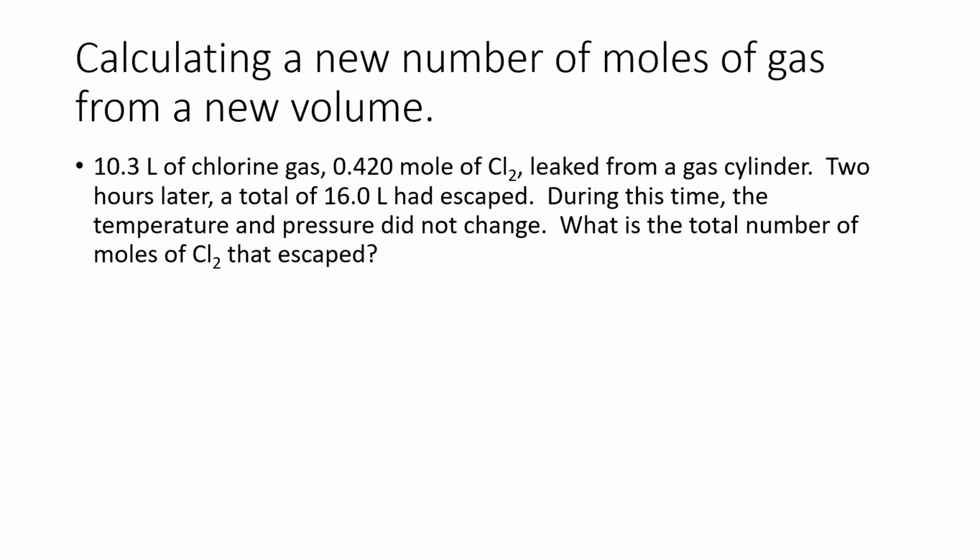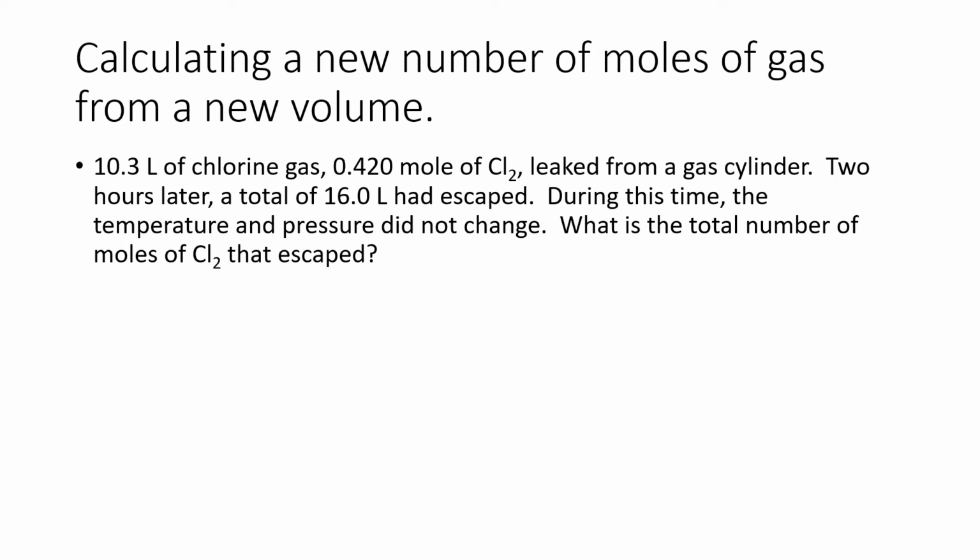Second question: 10.3 liters of chlorine gas or 0.42 moles of Cl2 leaked from a gas cylinder. 2 hours later, 16 liters had escaped in total. During this time, no change in pressure or temperature. What is the total number of moles of Cl2 that escaped?